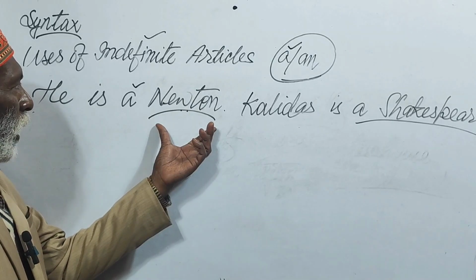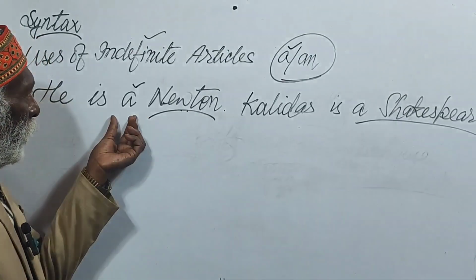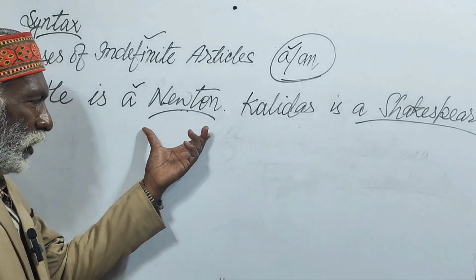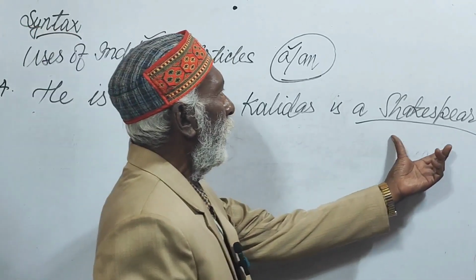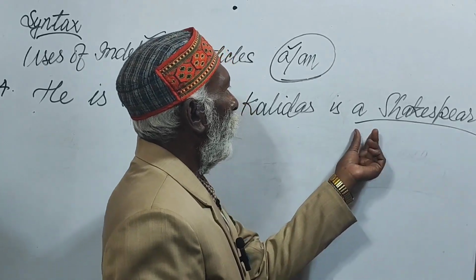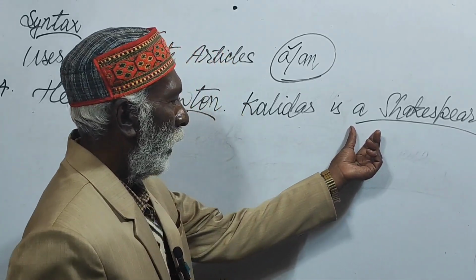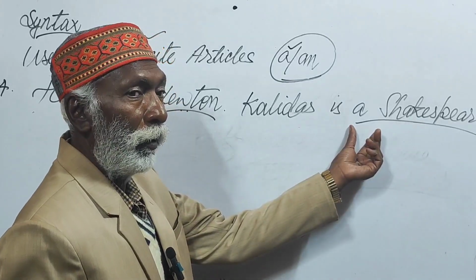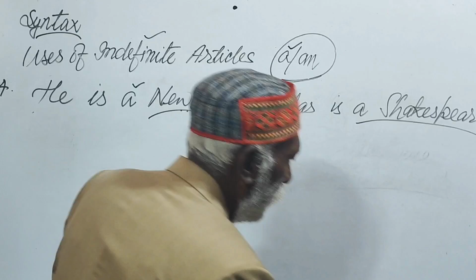Newton, a proper noun, has been generalized using a. Likewise, Shakespeare has been generalized here. So to generalize the proper noun, article a has been used.